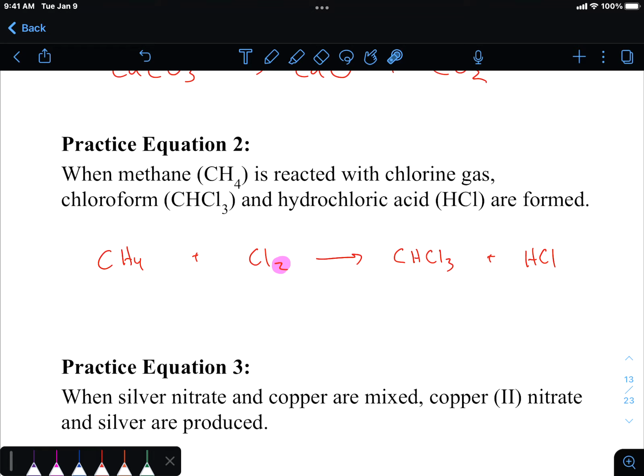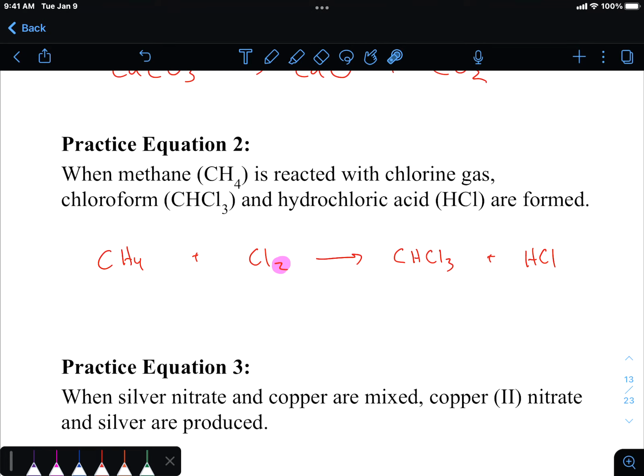So let's balance the carbon first, so 1 and 1, but that's done, so there's not much to do there. So now we have to start balancing the chlorines. The chlorines on the left side come in increments of 2, and currently on the right side we have 4, 3 plus the 1. And for your H's, you have 4 H's on the left, and you only have 2 H's on the right.